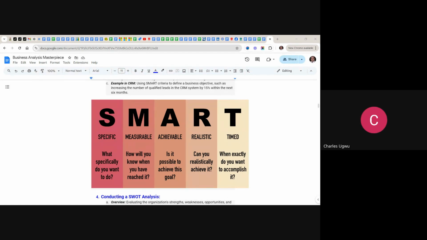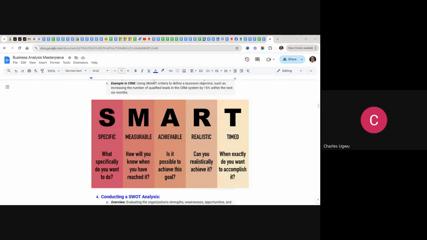Okay, in a construction environment, if you are building a house, for instance, now you mean to complete, let's say a 5-bedroom flat within a specific duration of time. So you can equally apply this SMART.